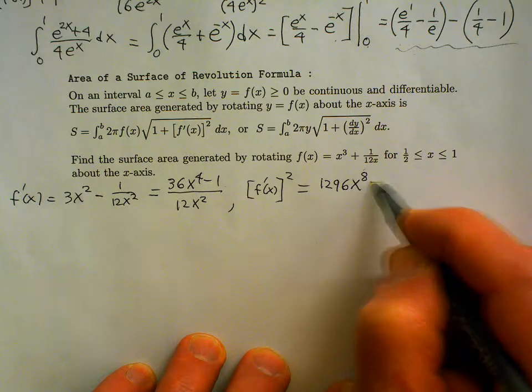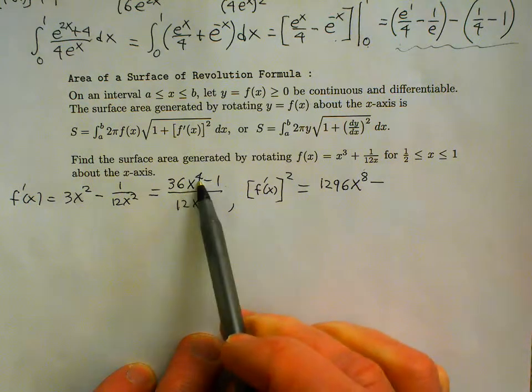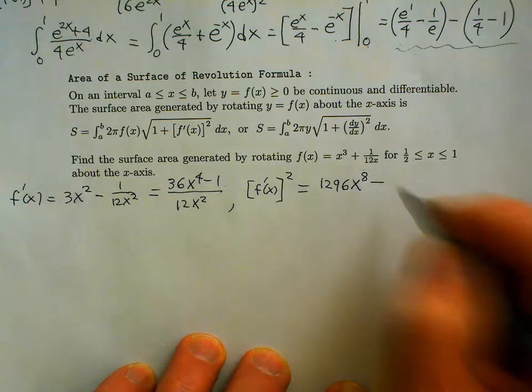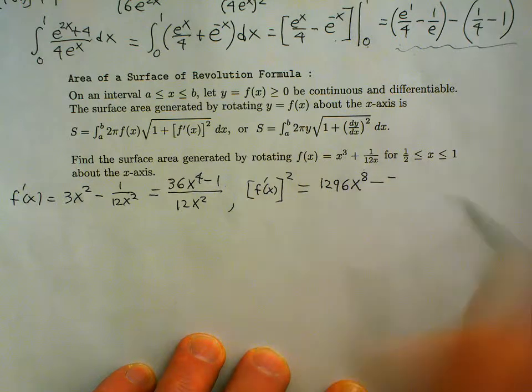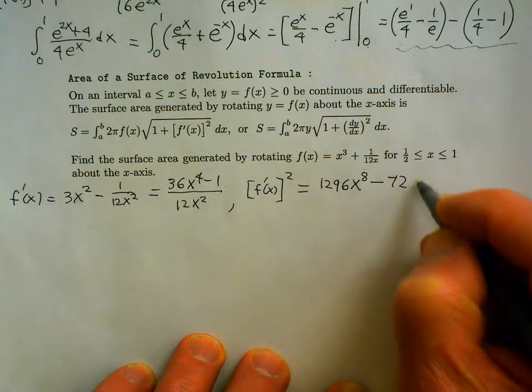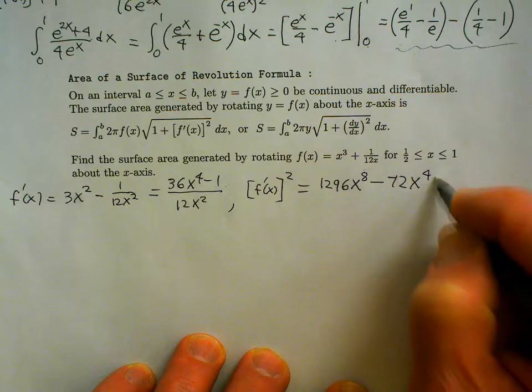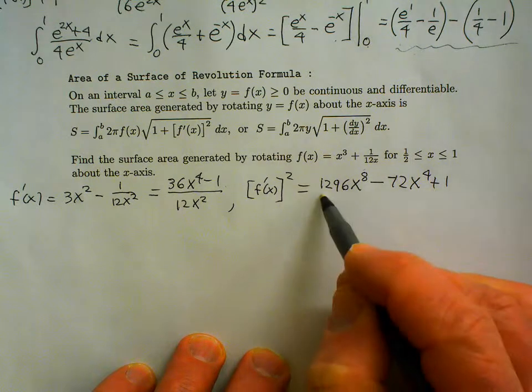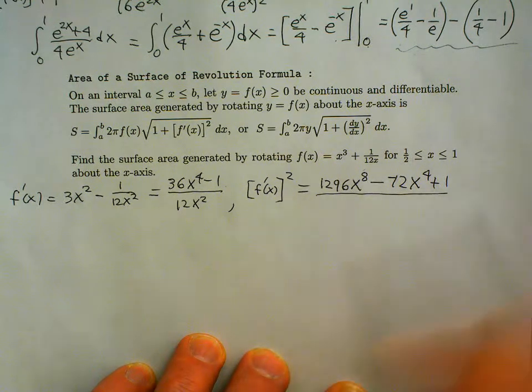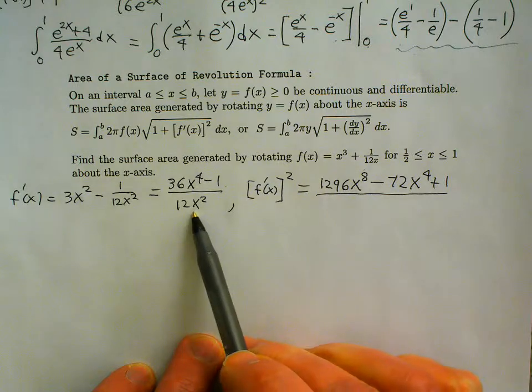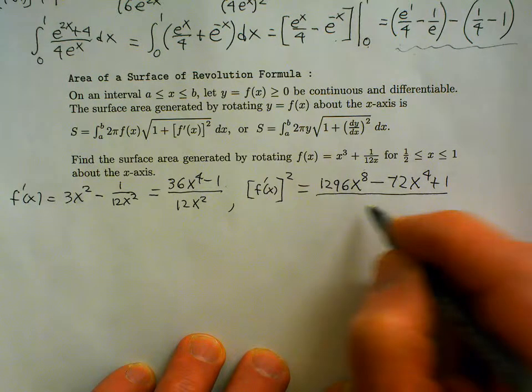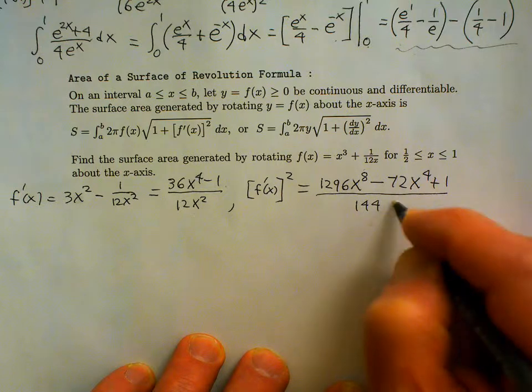And then we're going to have minus 36x to the fourth twice for a total of minus 72x to the fourth, and then plus 1. And then when we square the denominator, we get 144x to the fourth.